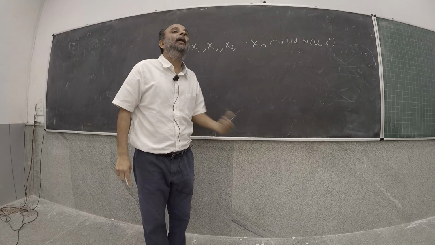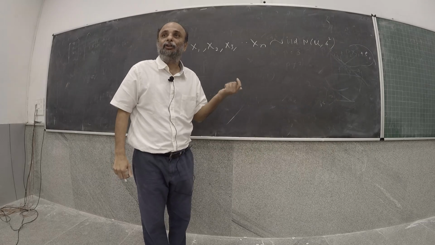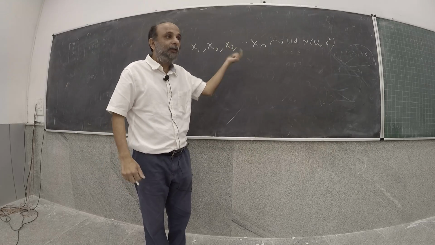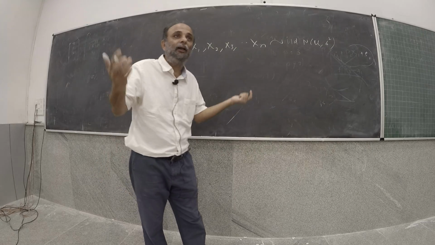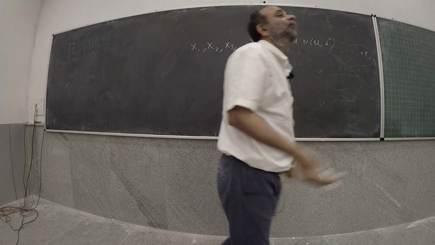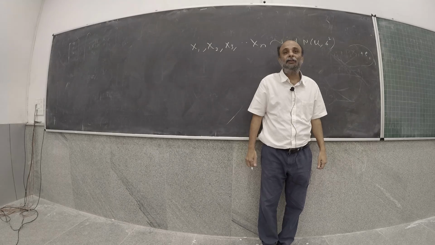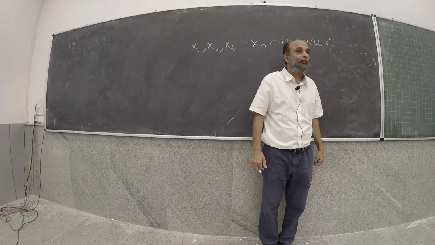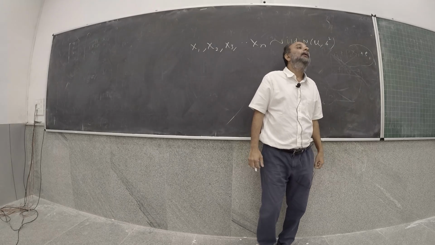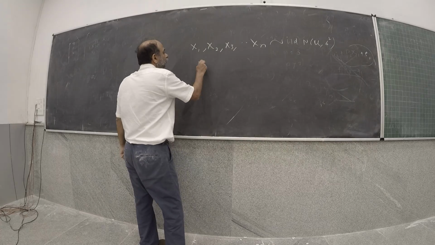By IID meaning independent and identically distributed. So this is a random sample. x1, x2, x3 are all randomly collected data. Each of them comes from the same probability distribution with mean mu and variance sigma square. Is this clear?